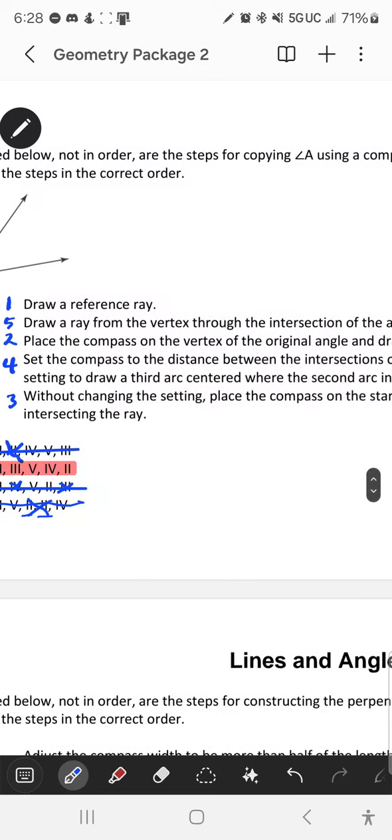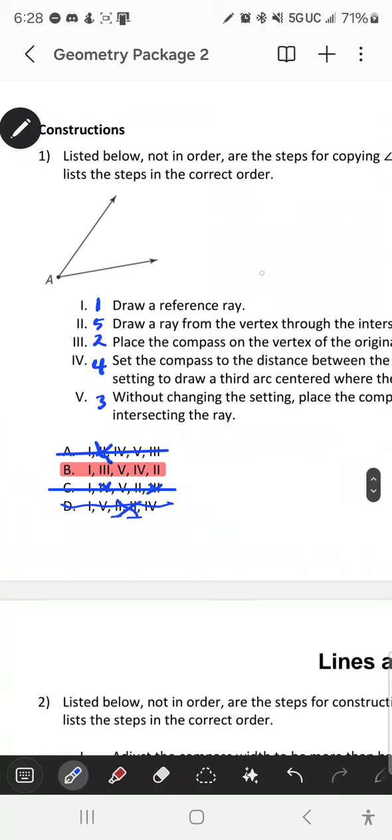Now, what it says is this. We're going to draw a reference ray, like this. This is my reference ray. Now we're going to place the compass, I don't have a compass in my app, sadly, but basically we place it like this, at a random distance.